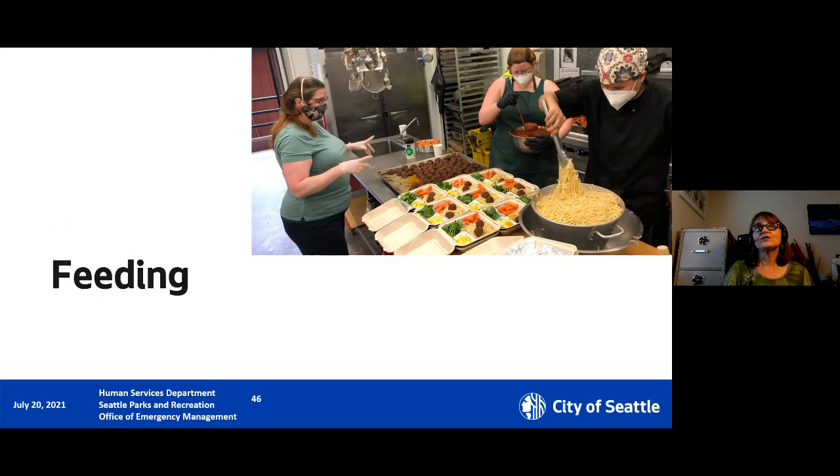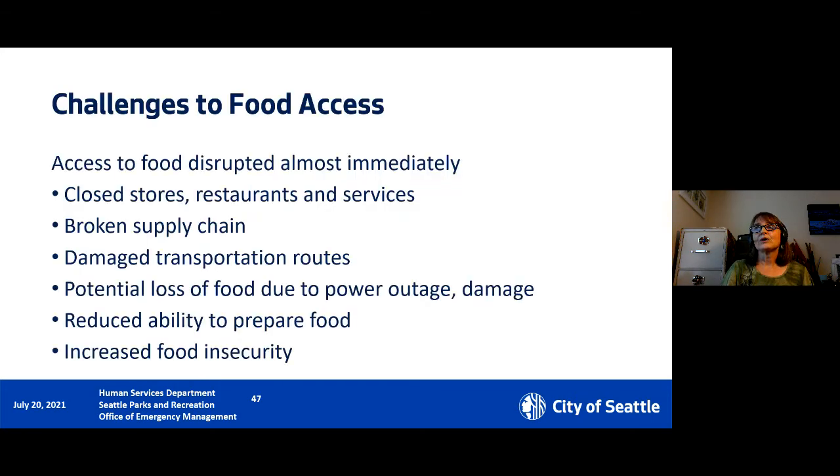So moving on to feeding, this picture shows 3 people making meals in a commercial kitchen. Access to food is likely to be a challenge with all the damage to infrastructure and impacted people that we've already outlined. So challenges to food access are likely to occur almost immediately.